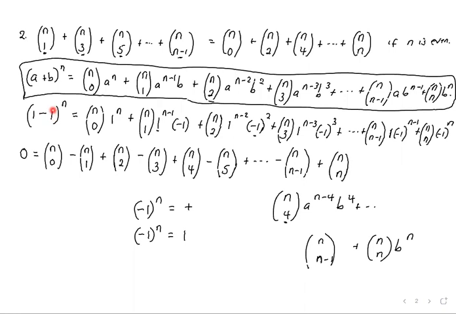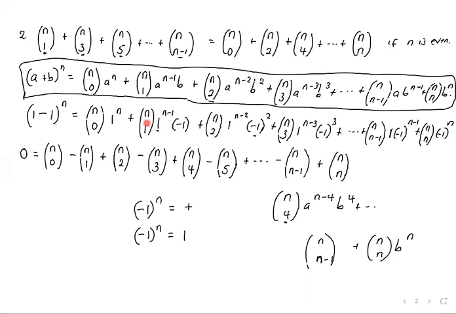So wherever there is B, I'll put -1. But -1 power 2 is just 1. -1, when it's standing around like that, nothing else is negative.